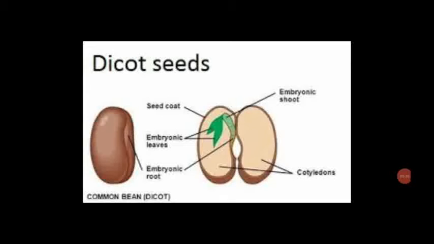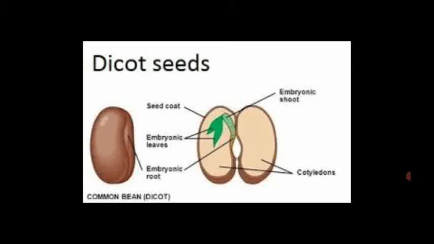Dear students, this is another seed named the bean seed. The bean seed also has the seed coat as the outermost layer. Then it has the embryonal leaves, root and shoot with the two cotyledons.